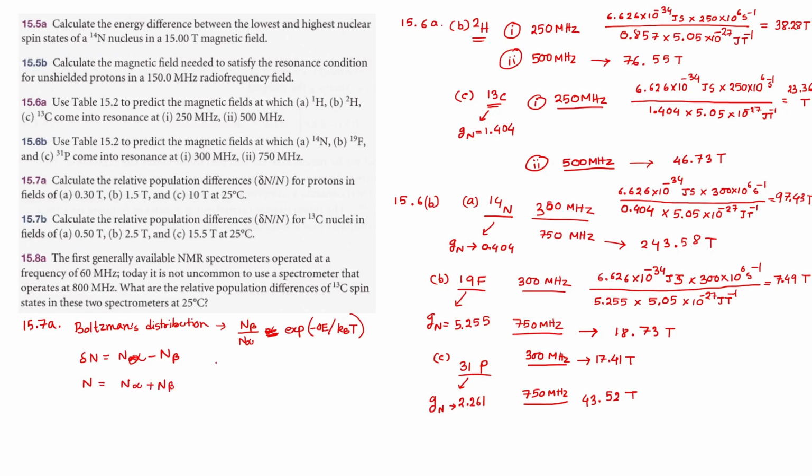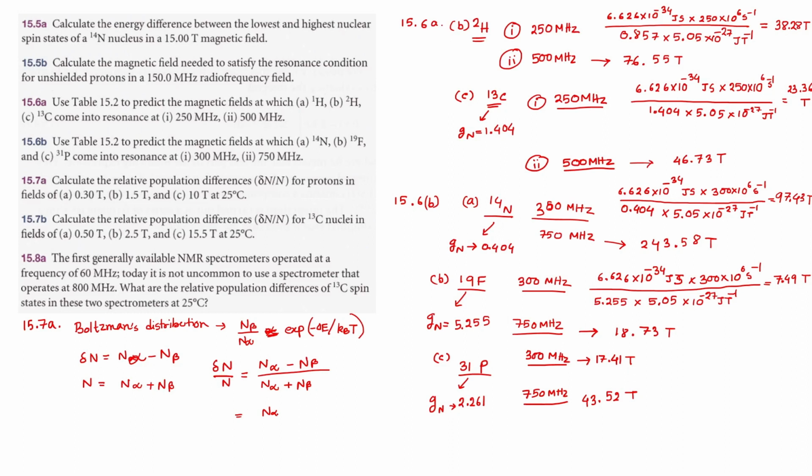So let's see what delta n by n is. So n alpha minus n beta, the number of alpha, number of beta, divided by n alpha plus n beta.